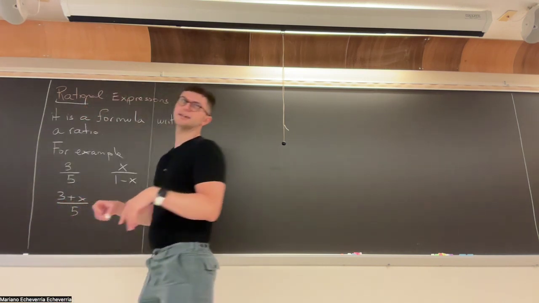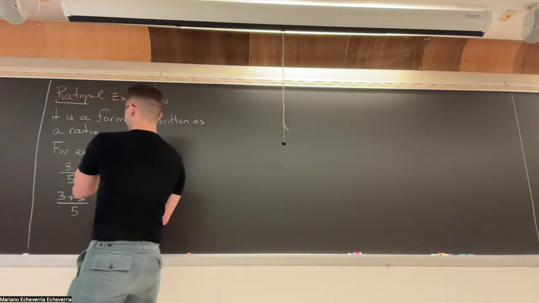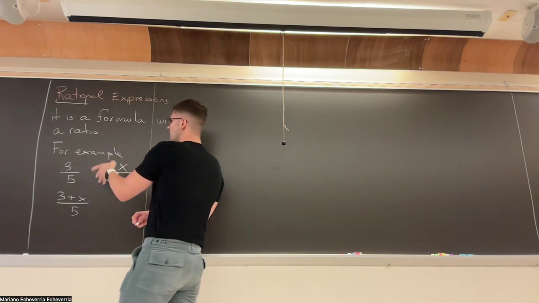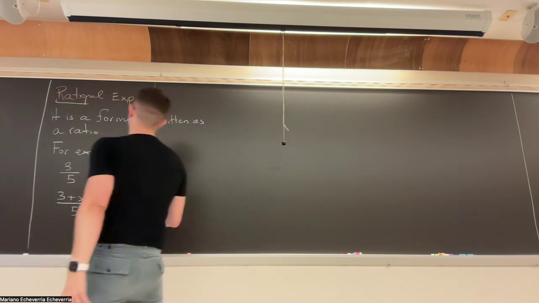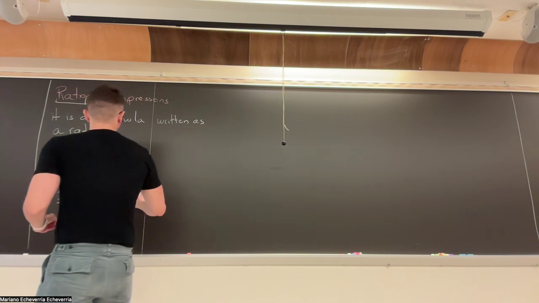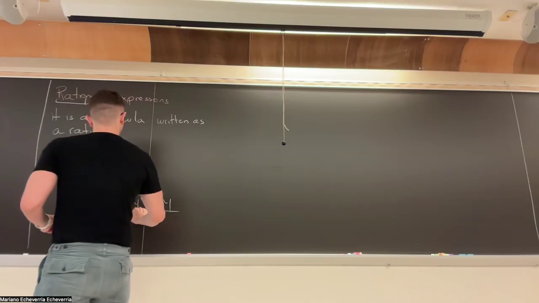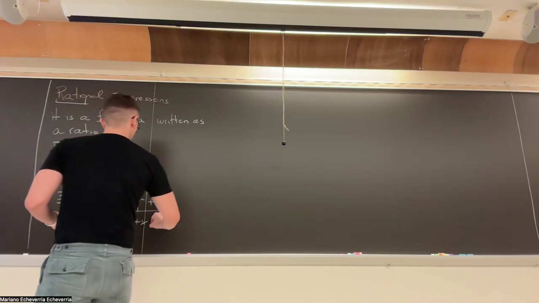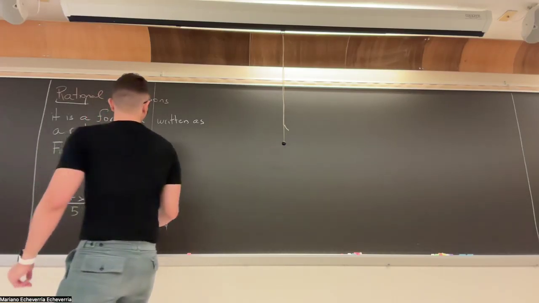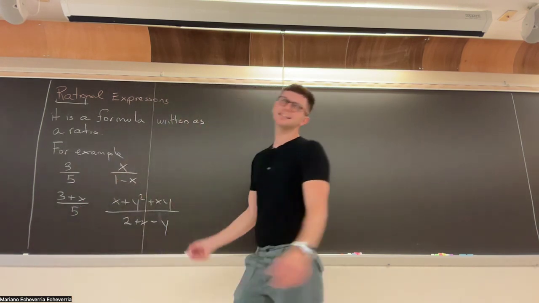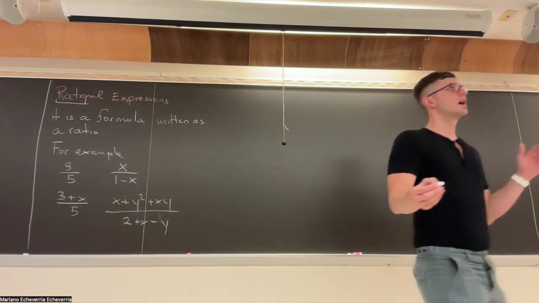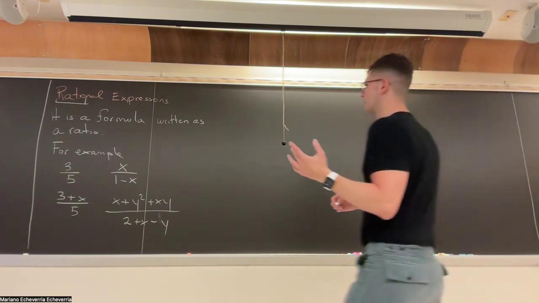It can even depend on x and y or more variables, although usually the examples I'll be doing for the course only depend on x. But something like x plus y squared plus xy over 3 plus x minus y would also be a rational expression. So basically anything that you can write as a ratio counts as a rational expression.